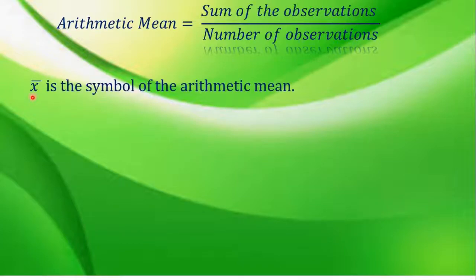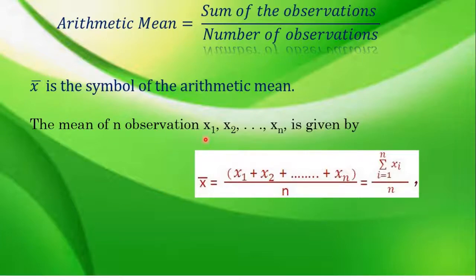X bar is the symbol of arithmetic mean. Consider the observations x1, x2, x3, etc. up to xn. So, we are considering n observations. And we can write the formula for arithmetic mean, x bar, as x1 plus x2 plus x3 plus x4 plus etc. up to xn, the whole divided by n.